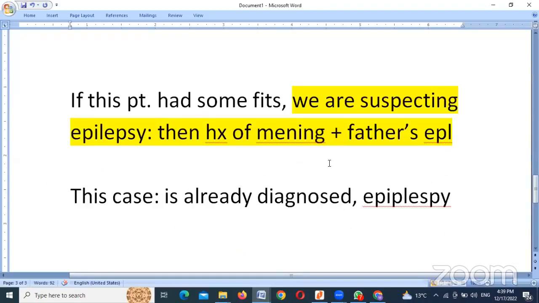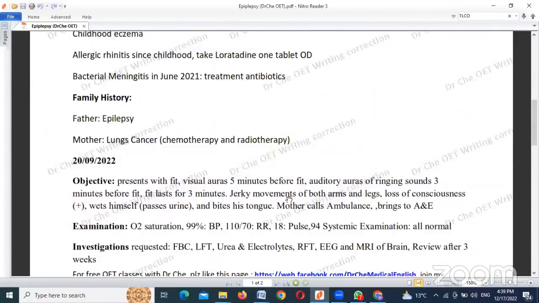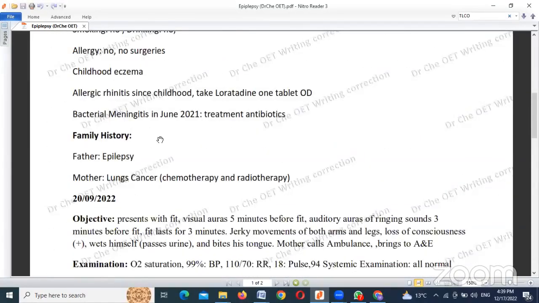Now tell me, would you write the father's history of epilepsy and the history of meningitis from a year ago in this letter, or not?